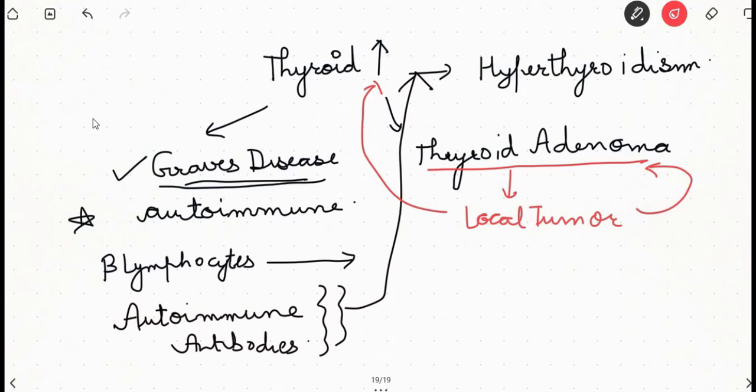As long as this adenoma remains active, the other part of the thyroid gland cannot secrete the hormone. This is because the hormone secreted from the adenoma depresses the production of TSH.